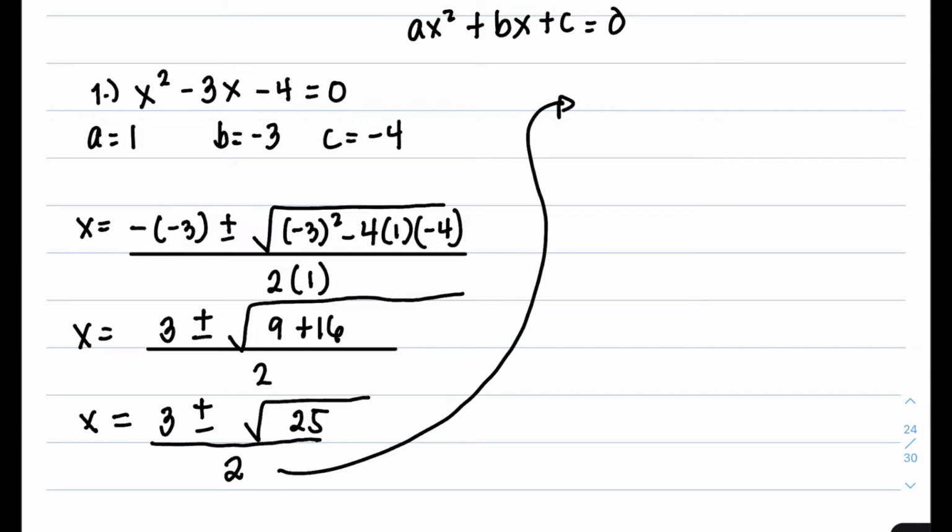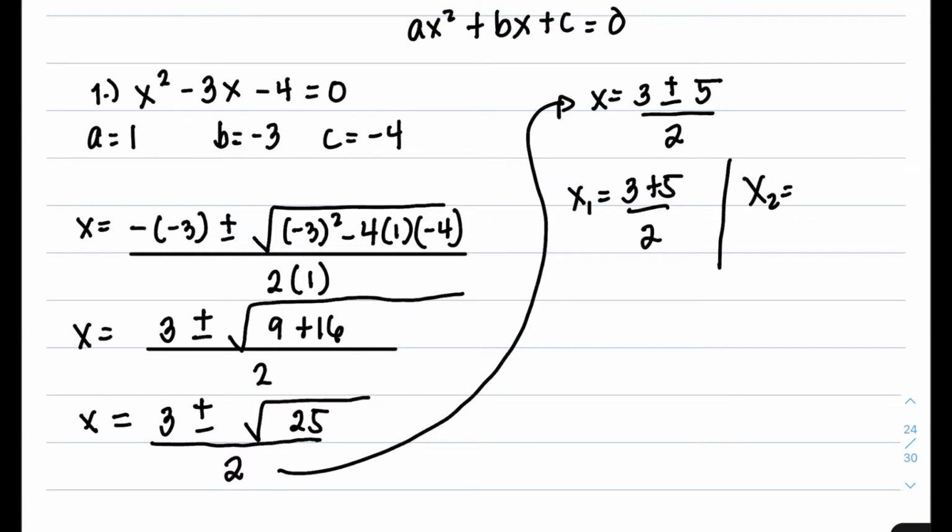So, that is x is equal to 3 plus minus square root of 25, that is 5, then all over 2. Let's separate. We have x sub 1 is equal to 3 plus 5 over 2, and x sub 2 is equal to 3 minus 5 over 2. Then, x sub 1 is 3 plus 5 over 2, that is 8 over 2, or 8 divided by 2.